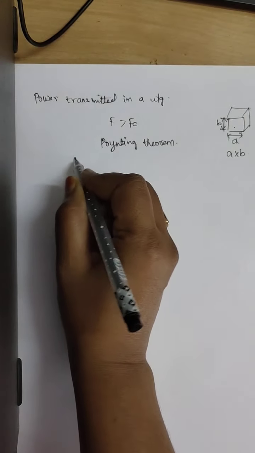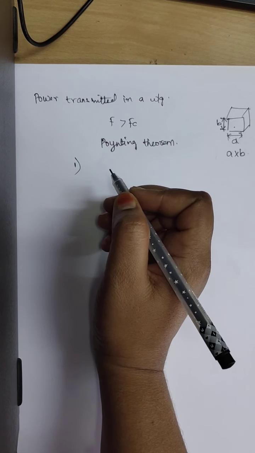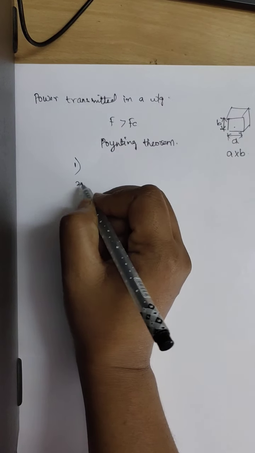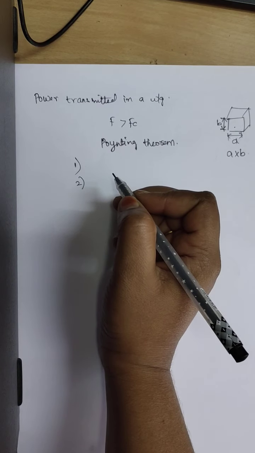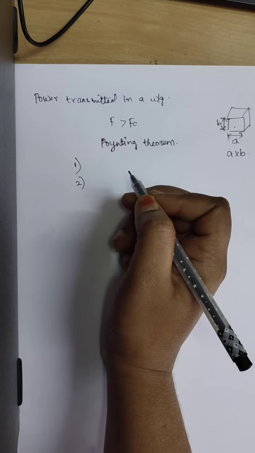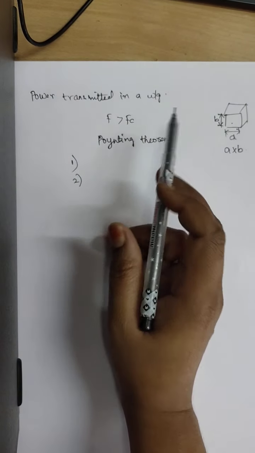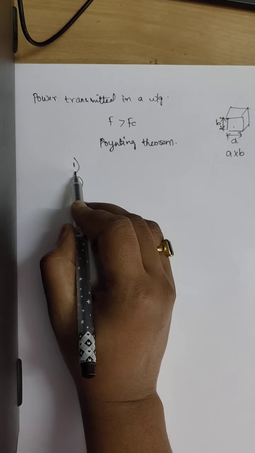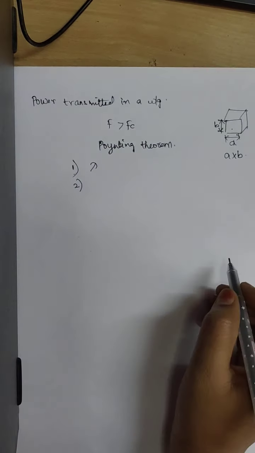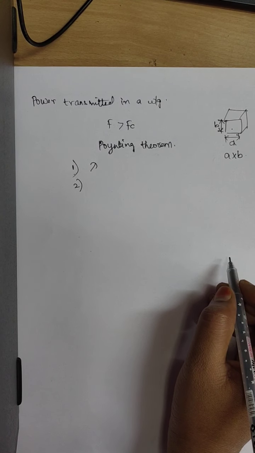Assumption number one, the waveguide must be infinitely long when compared to the wavelength. The second one is, the waveguide is terminated such that there is no reflection from the receiving end.